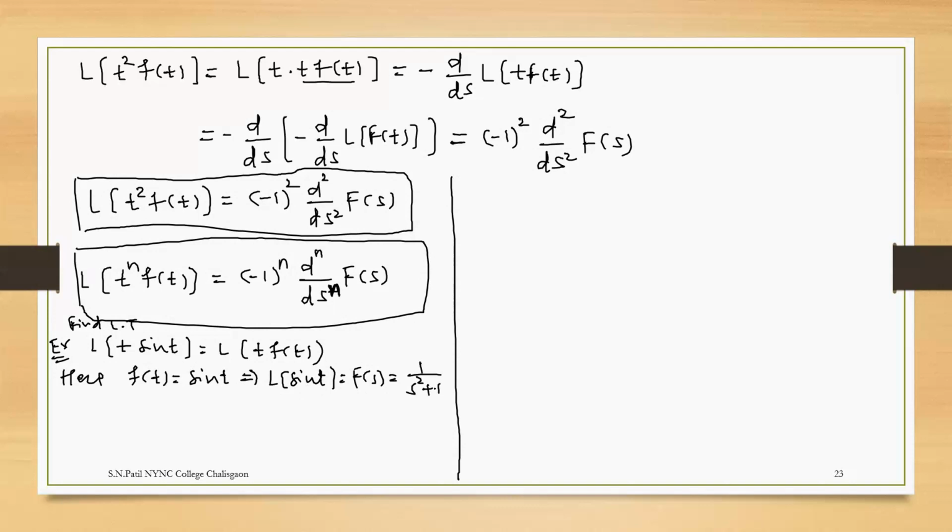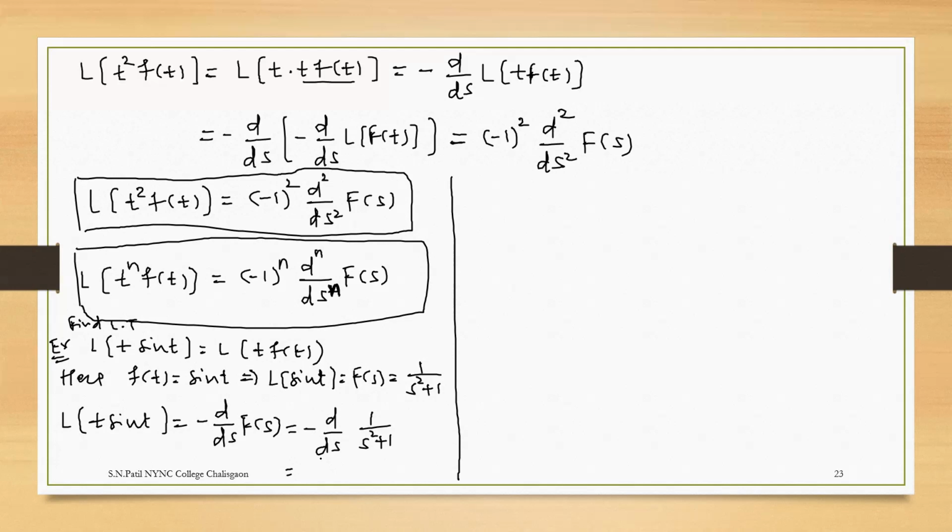We write 1 upon s square plus 1 as F of s. Then Laplace of t into sine of t is equal to minus, by property, d by ds of F of s. It can be written as minus d by ds of 1 upon s square plus 1.